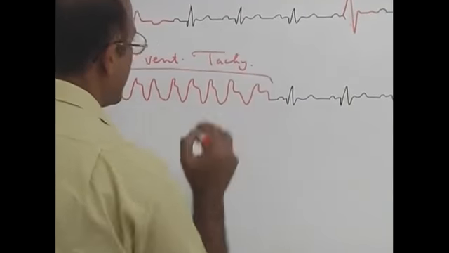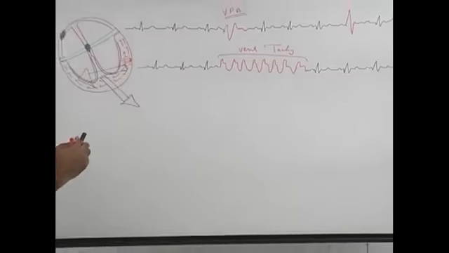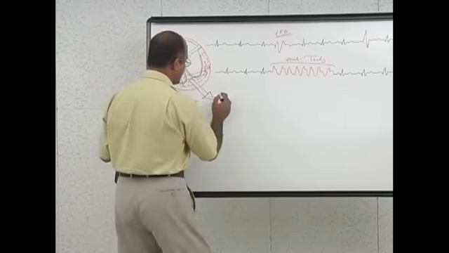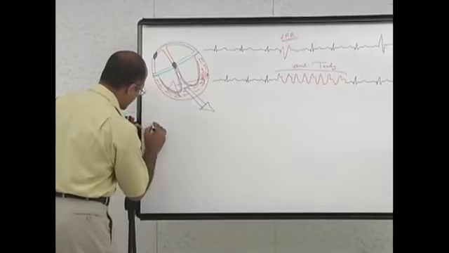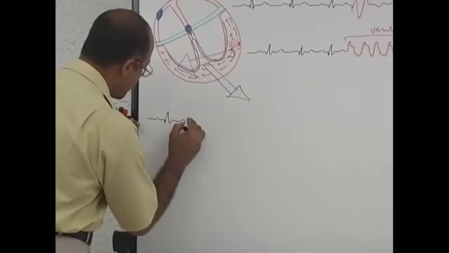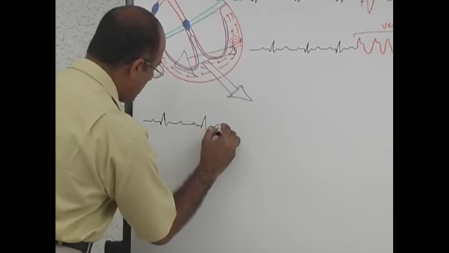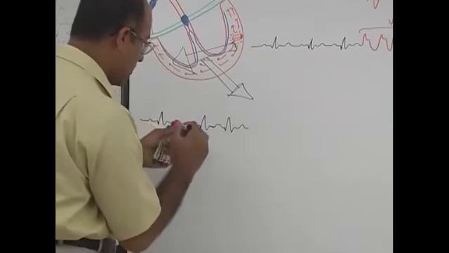Run of ventricular tachycardia. So if you continue studying the ECG pattern, what may happen is that normal ECG is going on. Now I will make gradually more worrisome changes in the ECG.